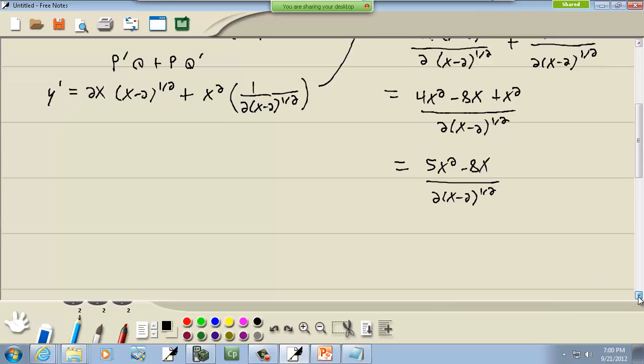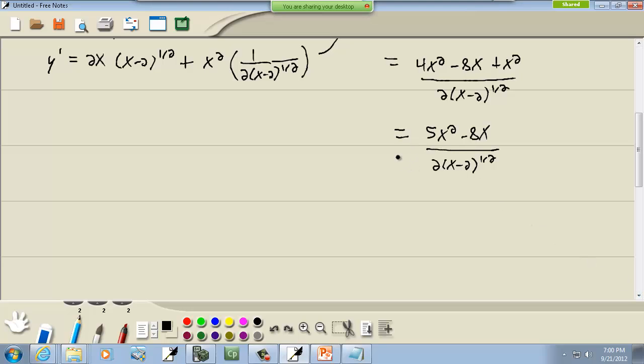Now, typically, if you got something in common, you want to factor it out. So I'll factor out an x. I guess that's the only thing they have in common. And that gives us x times 5x minus 8 over this. Okay, that's about as good as we can get.